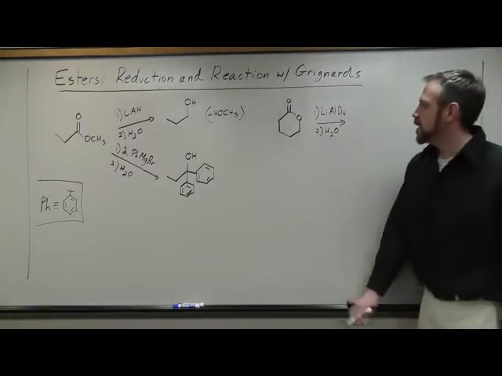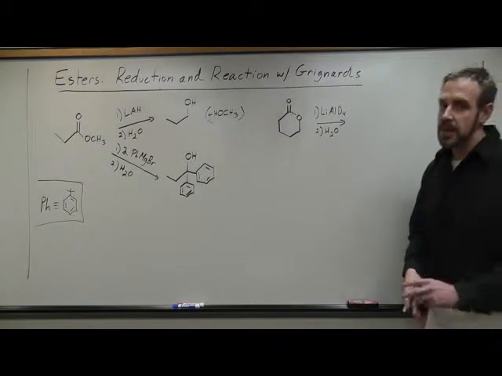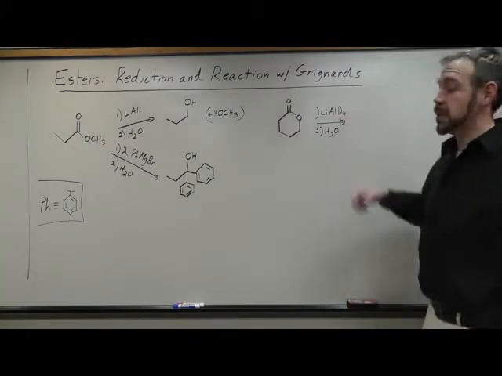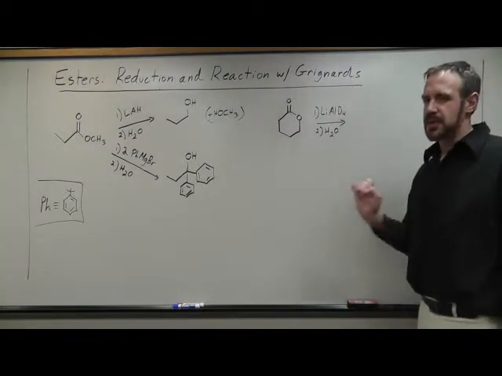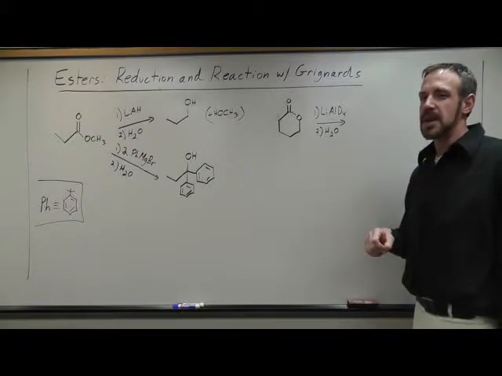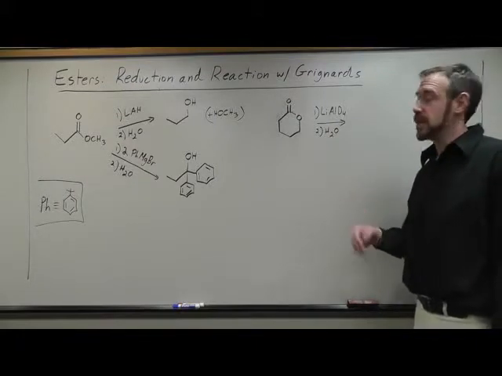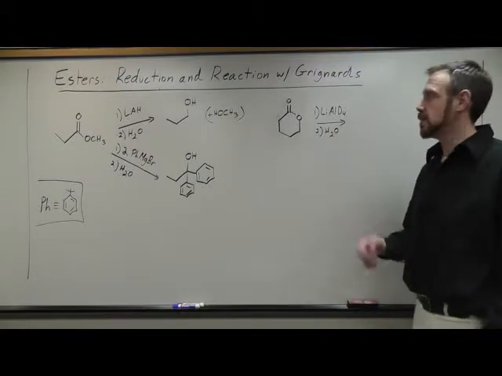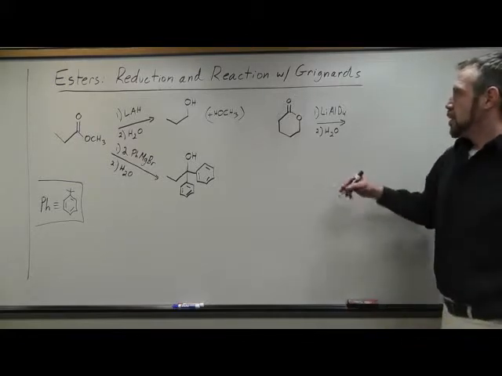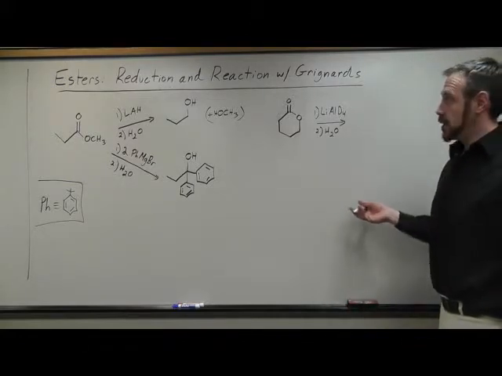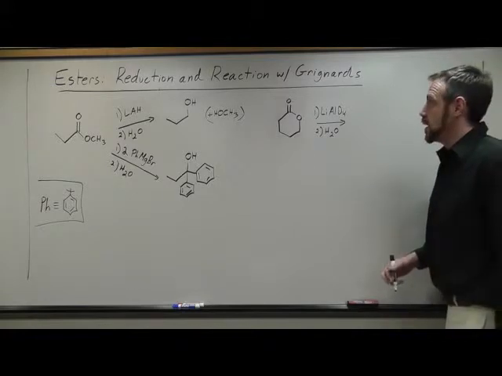Well, now I want to look at a cyclic ester. And notice the reagent here is lithium aluminum deuteride. So we can keep track of exactly where these hydrogens are going, since they're the heavy isotope deuterium. If we think about the mechanism and how this works, it's the same exact thing.